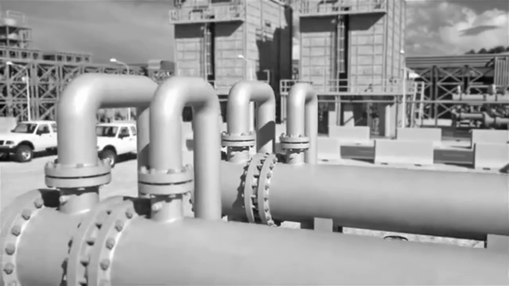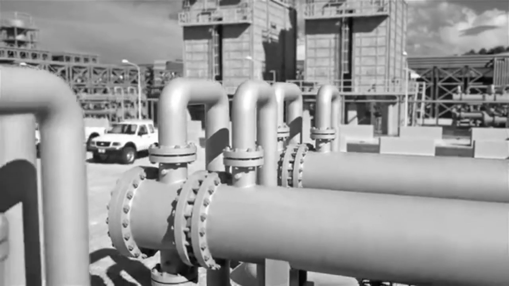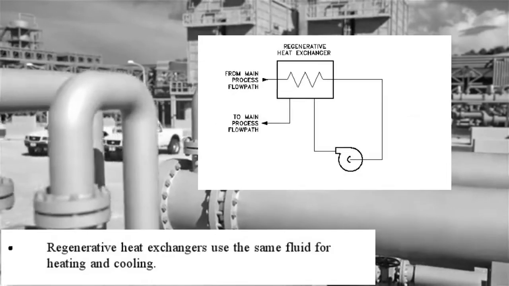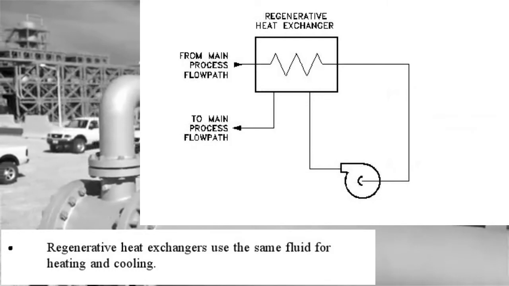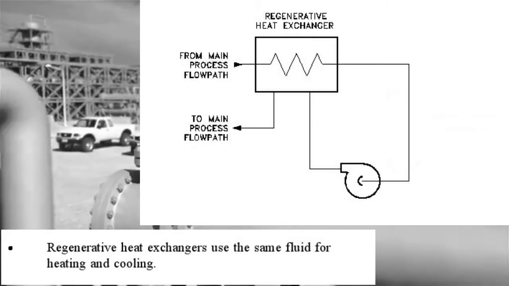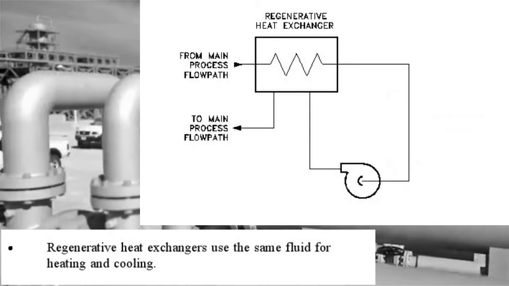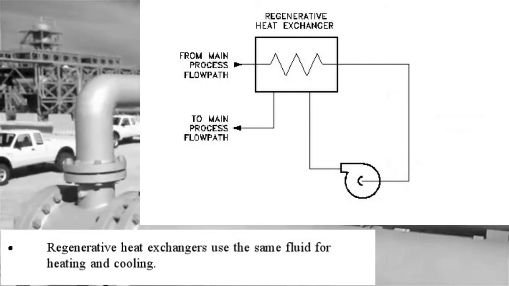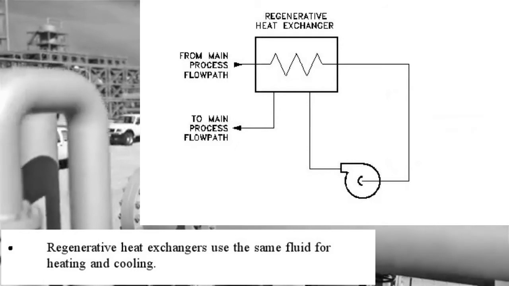According to the function mechanisms, heat exchangers can be classified as: 1. Regenerative heat exchangers. A regenerative heat exchanger is one in which the same fluid is both the cooling fluid and the cooled fluid. That is, the hot fluid leaving a system gives up its heat to regenerate or heat up the fluid returning to the system.